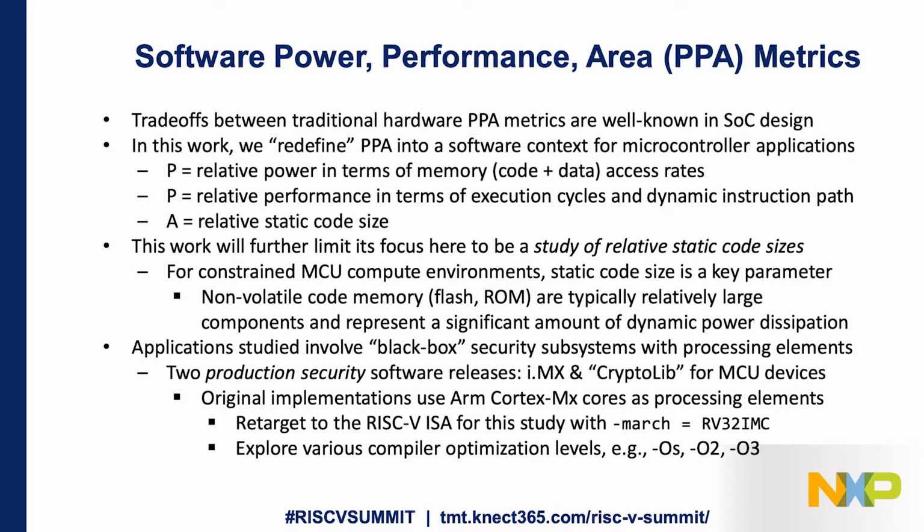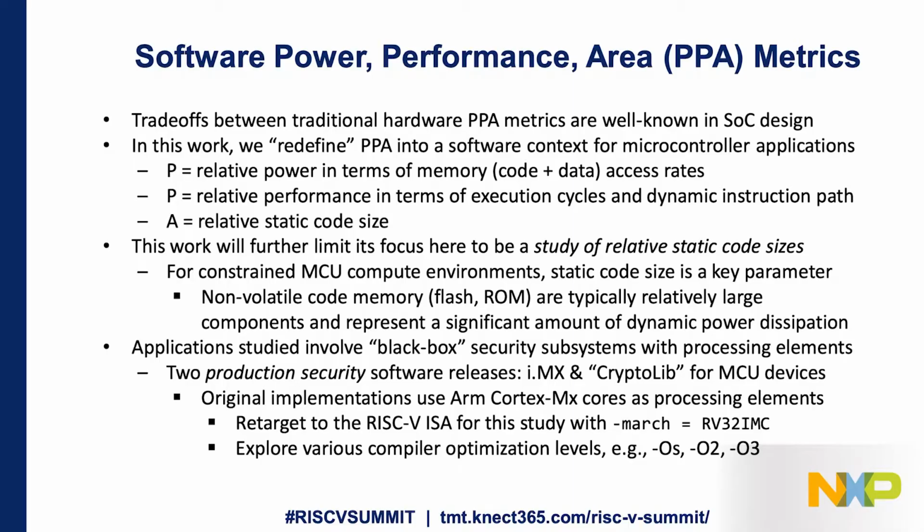In this work in particular, we do a lot of what I would term subsystem-based SoC design, where oftentimes we have subsystems that have processing elements in them, and these appear as black box devices within the overall chip. In particular, what we've done for this work is look at two production security software releases. One is from our IMX family of application processors, and the second is from a crypto library that's used in a number of MCU devices.